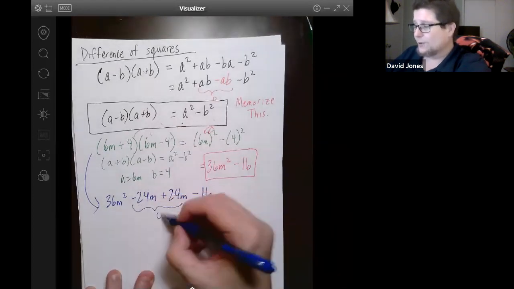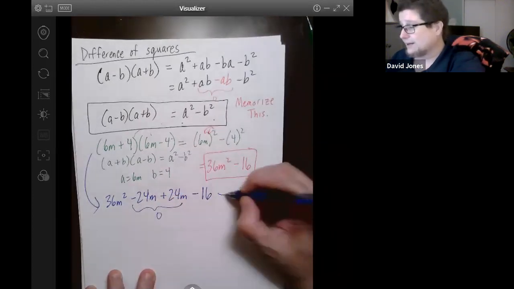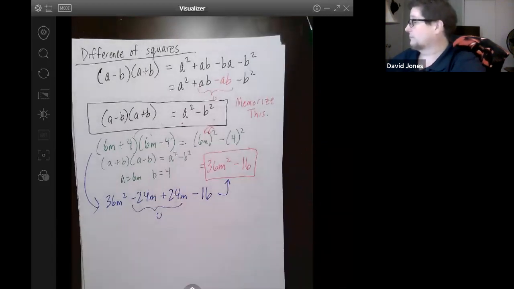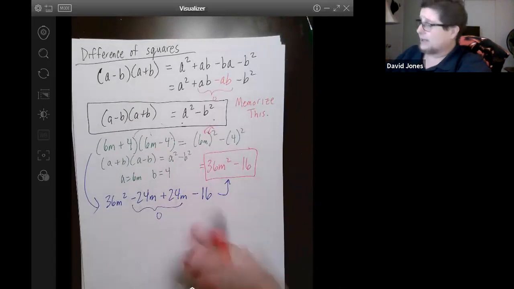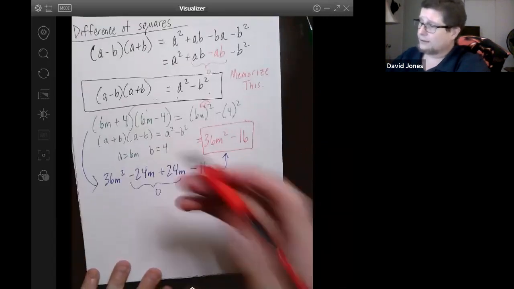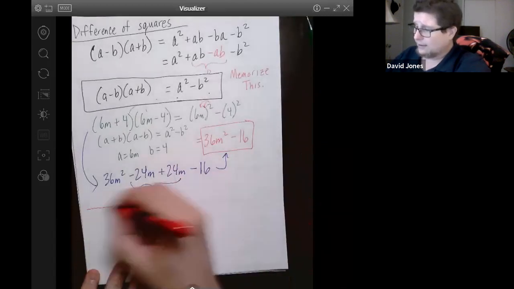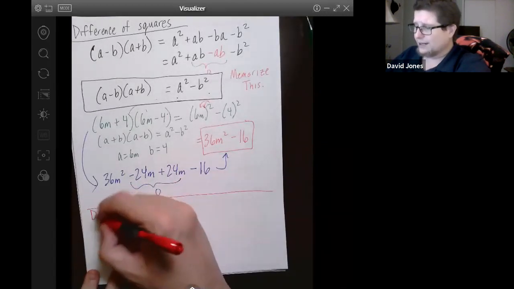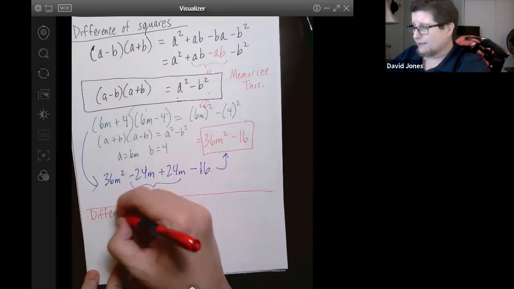Again, these two cancel each other out, and we get that. So that's the difference of squares. I want you to note it's a little different when you have something that's the same thing. If I have, these are different, it's different than the following.